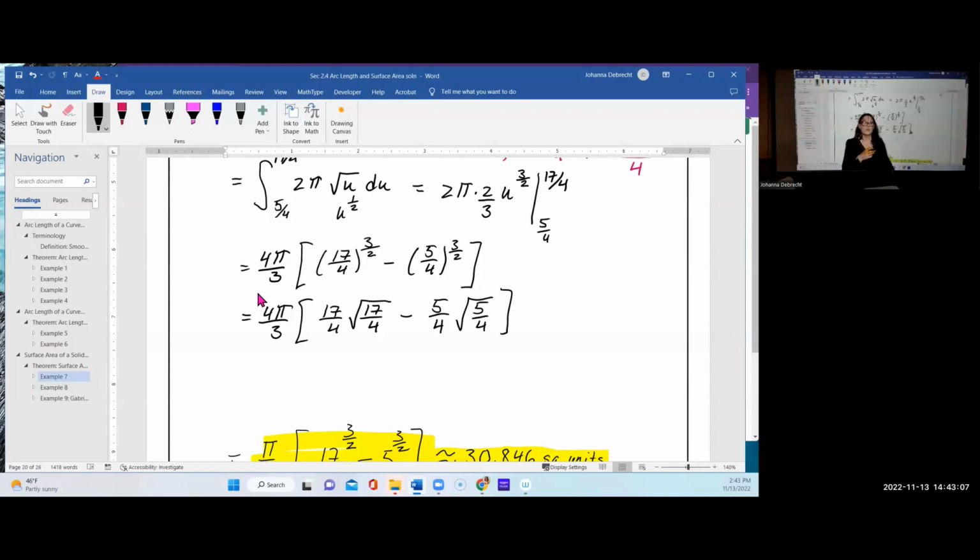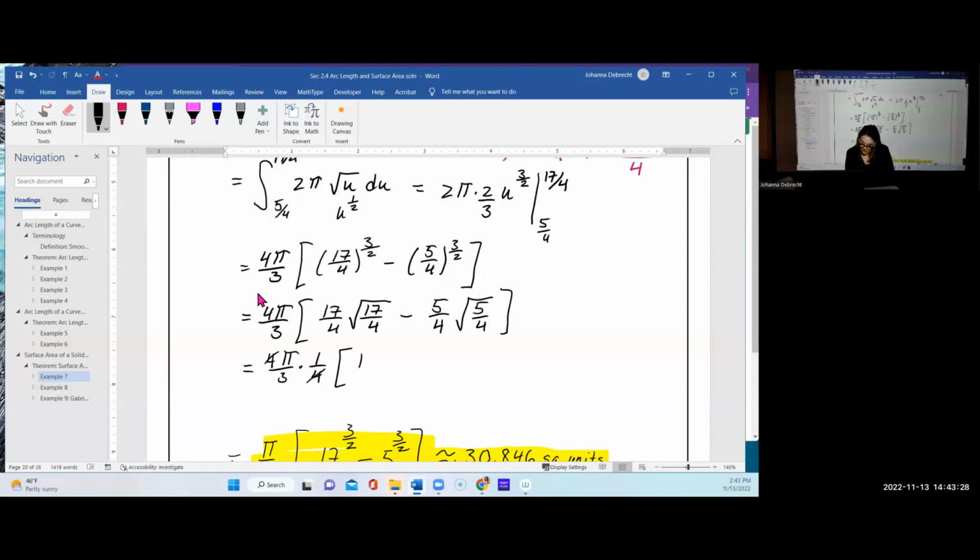Now, I know that the square root of anything over 4 is going to pop out a 2, so I can simplify this a little bit more, and I can pull out the 1/4. So I have 4 pi over 3 times the 1/4 that was common to both, so the 4s will cancel, and I get pi over 3.